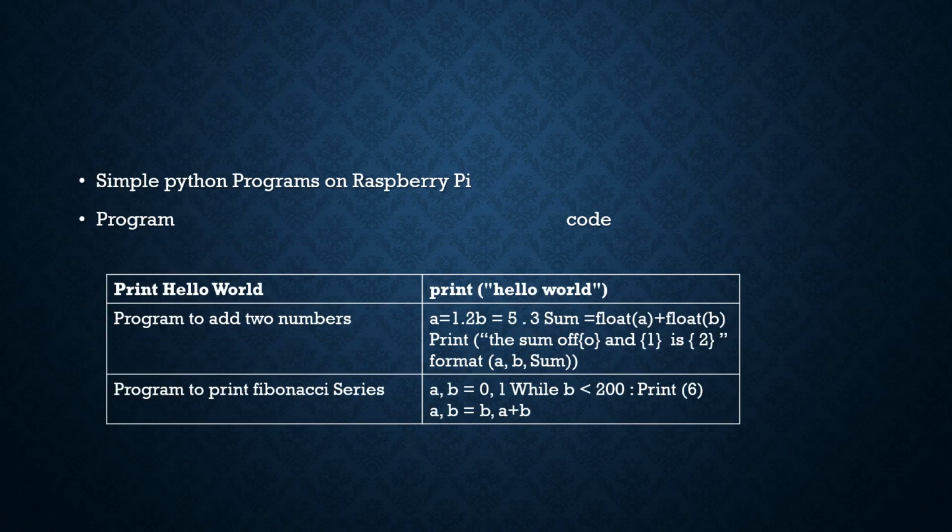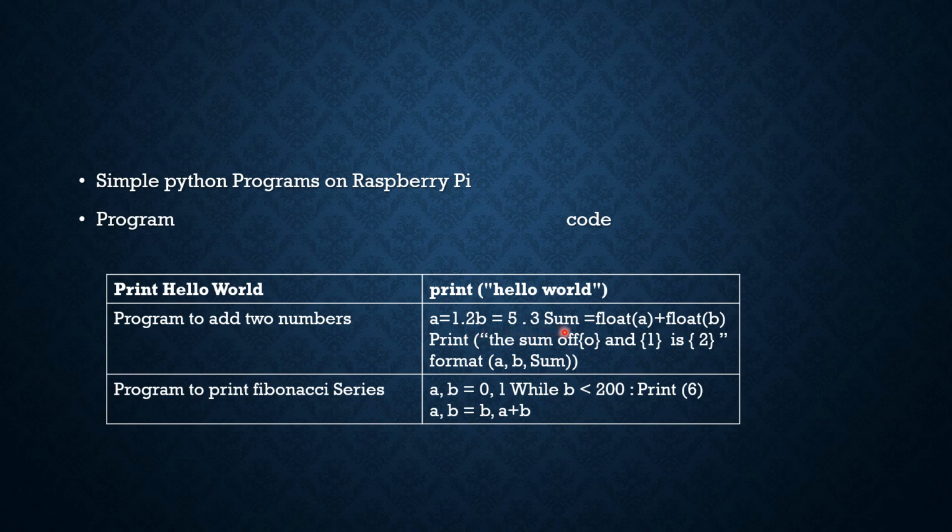Here we can see some examples of Python programming based on the Raspberry Pi. To print the hello world statement, we can directly use the print statement: print hello world. Next, a program to add two numbers. Here we have taken two variables a and b, initialized with the floating numbers 1.2 and 5.3.